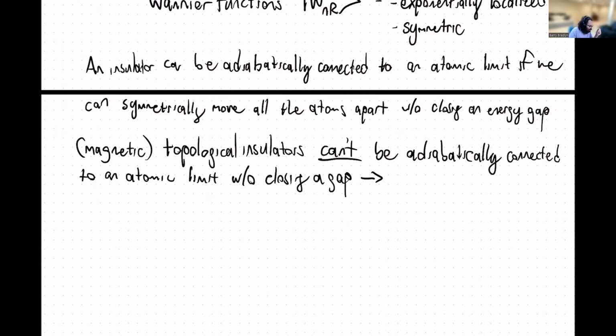And what this means is that we can characterize topological insulators in the bulk. Well, if they can't be adiabatically connected to an atomic limit, this means that they don't have symmetric and localized Wannier functions.